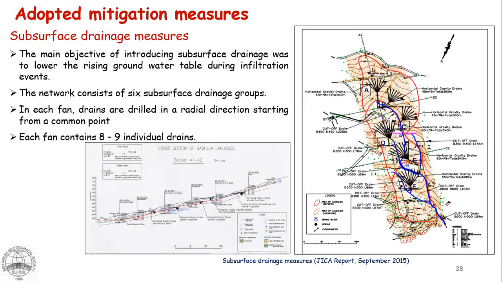And then these fan-like things are the plan orientation of subsurface drains. The landslide is going down the slope, right? So at different levels in the slope, we had these fan drains. That is the width of the landslide.